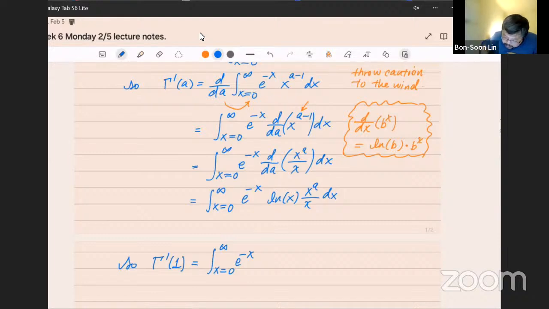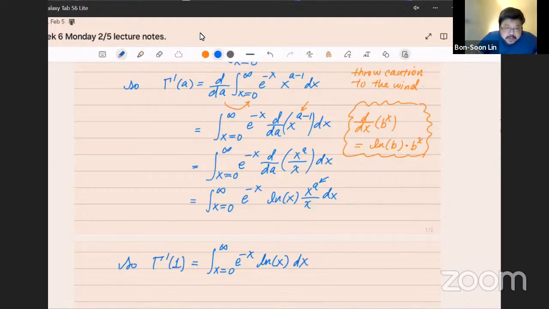I'm going to plug in 1 in the place of a, which is up here, right? And that's just x, so x divided by x, that cancels. So we just have e to the minus x times natural log of x dx. So we're halfway there. We computed gamma prime of 1. It is yet another integral, all right?